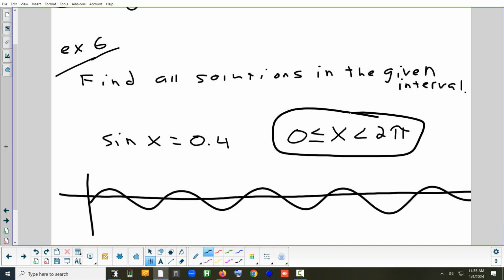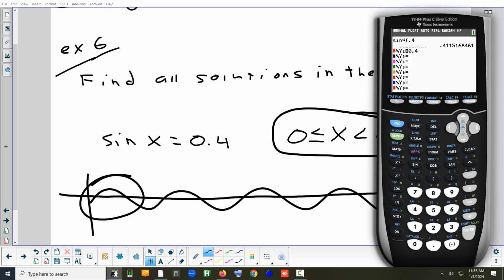They're telling you where they want the answer to be. Where do they want the answer to be? Within the first period. Yeah, right, even the first period. They want it to be between 0 and 2 pi. So they are looking for the answers right there. That's what that means. And again, keep in mind these two numbers, 0.41 and 2.7, and let's see what happens.